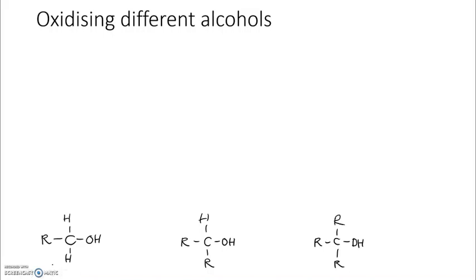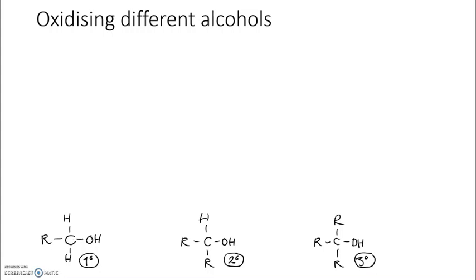We've got our primary alcohol, our secondary alcohol, and our tertiary alcohol, which you will note have different numbers of hydrogens bonded to the carbon bonded to the functional group.